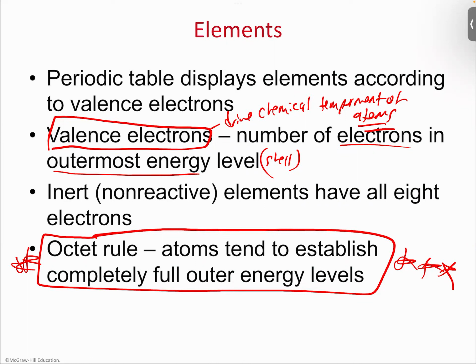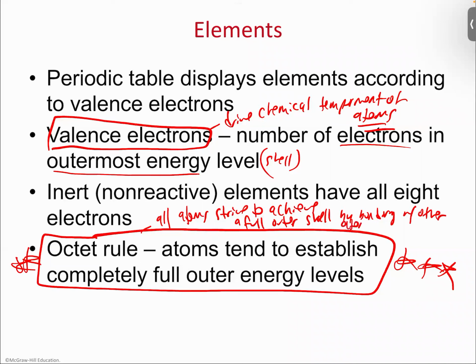Basically, it's the octet rule, which essentially states that all atoms strive to achieve a full outer or valence shell by bonding with other atoms.